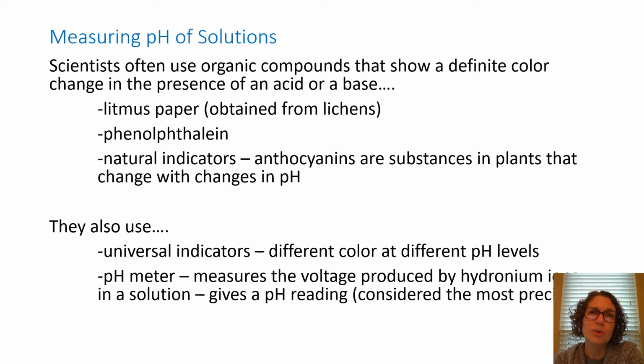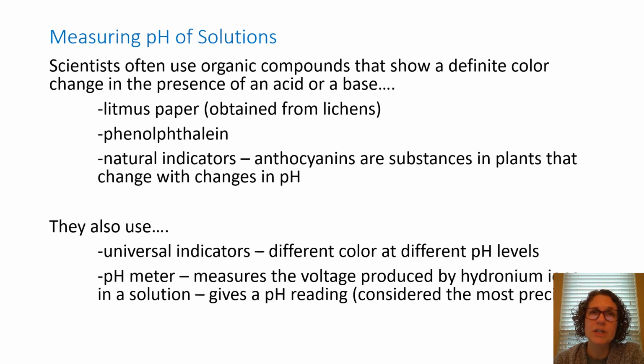So for example, if you've ever, for any reason, boiled purple cabbage, the juice that is produced from boiling purple cabbage leaves is a kind of purplish color. But when you put it into an acid, the liquid will turn green.